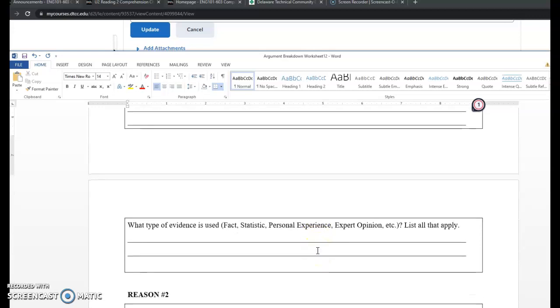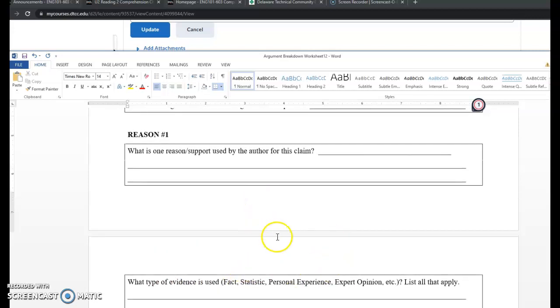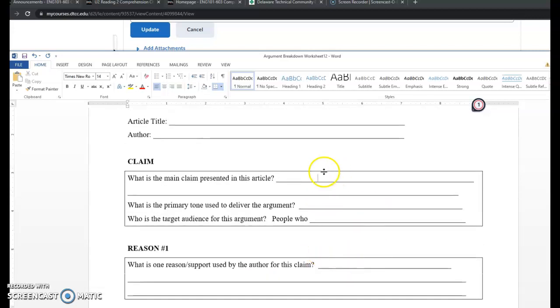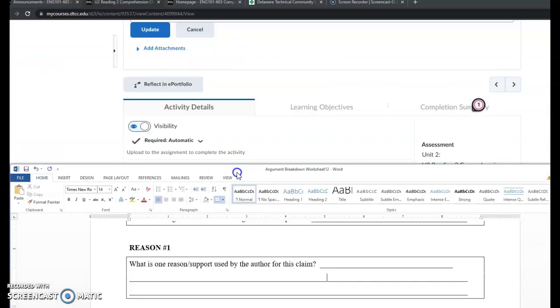And then down here, you're going to explain what type of evidence is used to support this. When you are explaining a reason or support used by the author for this claim, you are probably not just going to want to pull a line, as many students actually did.